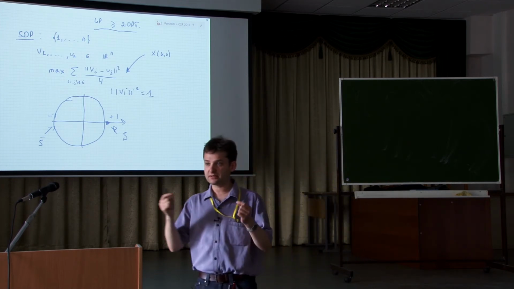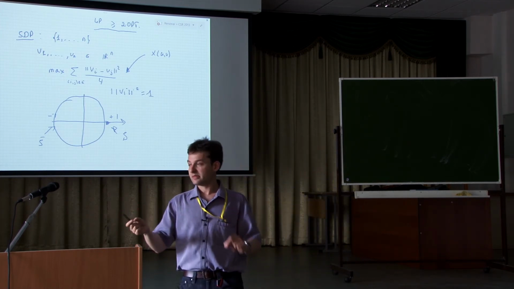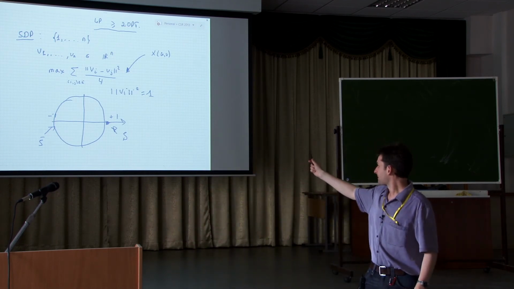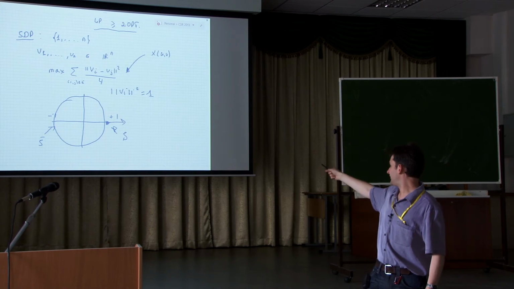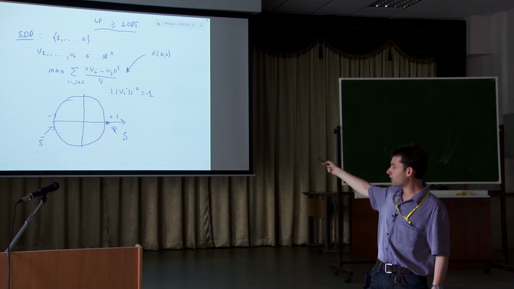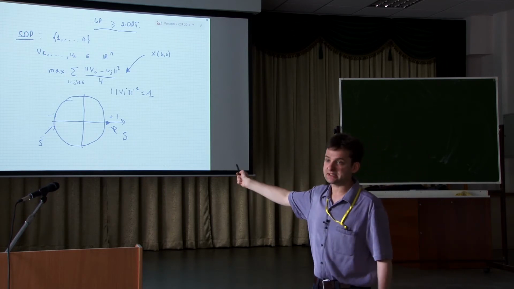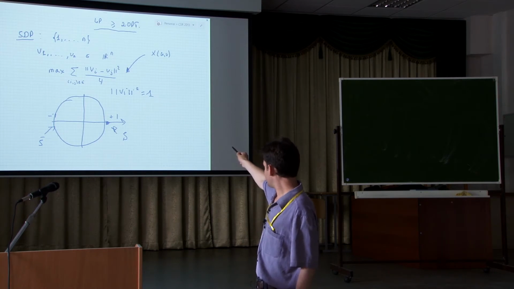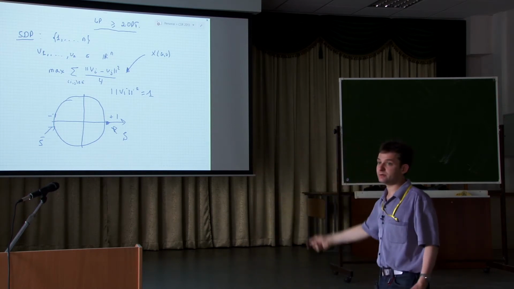Now, if they lie in different parts of the cut, then vi minus vj is either +2 if i is in S and j is in S complement, or -2. When we square, we get 4, so we divide by 4, we get 1.